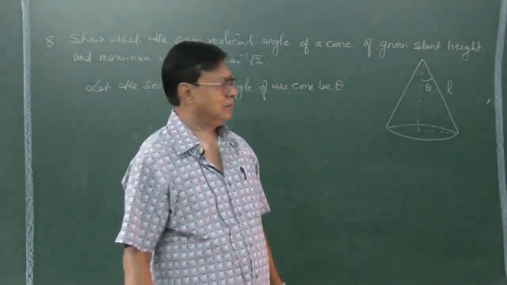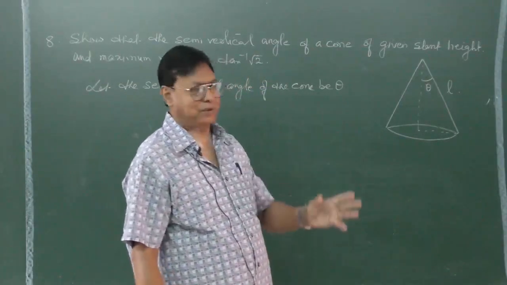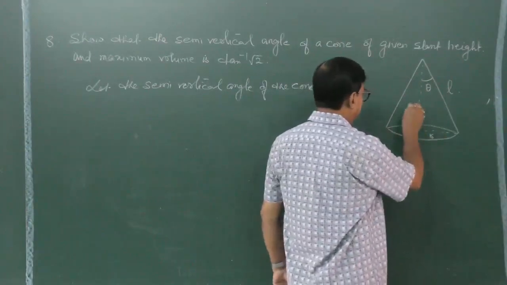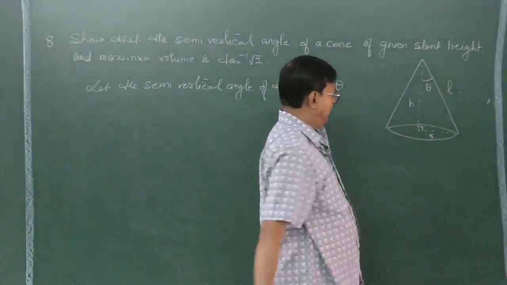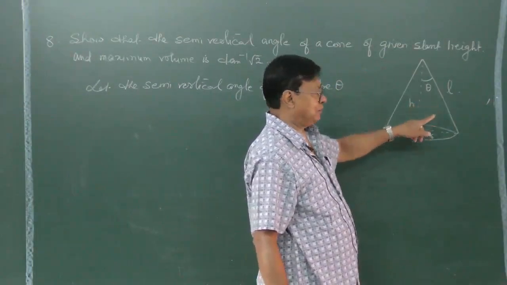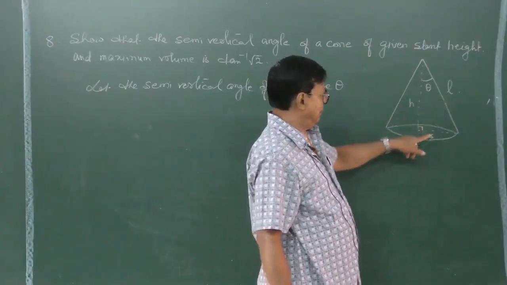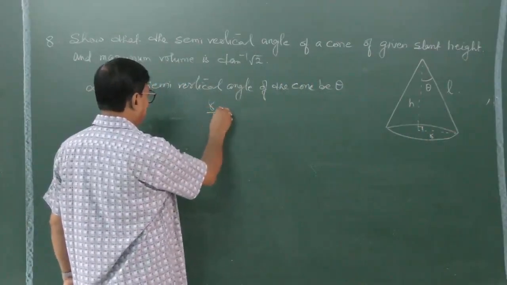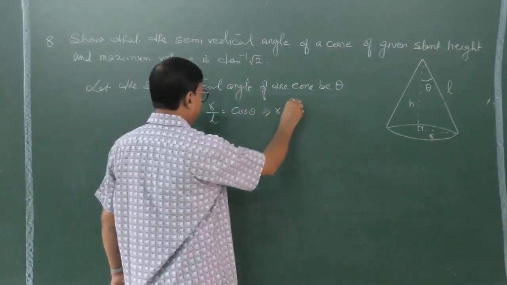Since we have to get tan theta, I am using a trigonometric function. L is given, this is r, this is h. This is perpendicular. So base by hypotenuse is equal to cos theta, right? So r by L is equal to cos theta, which implies r is equal to L cos theta.